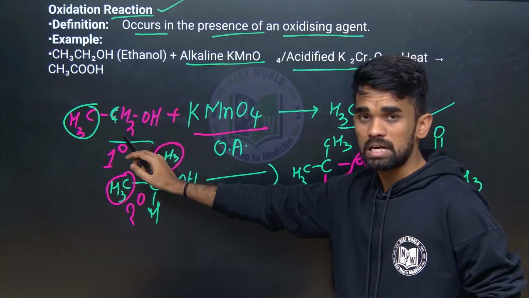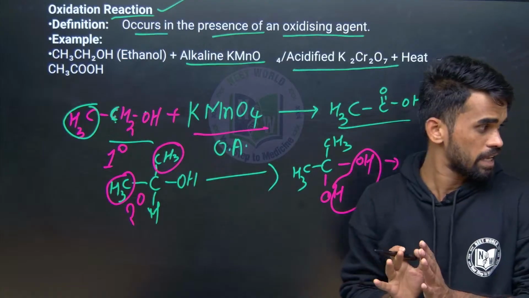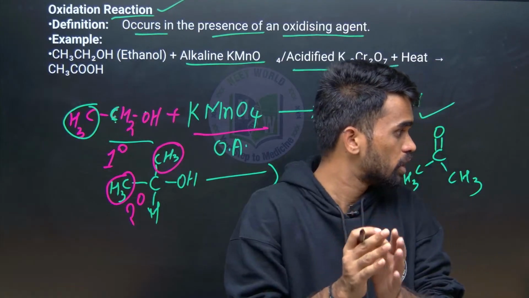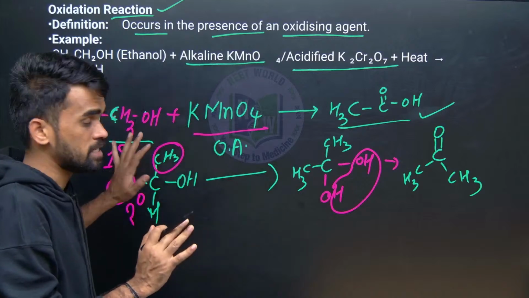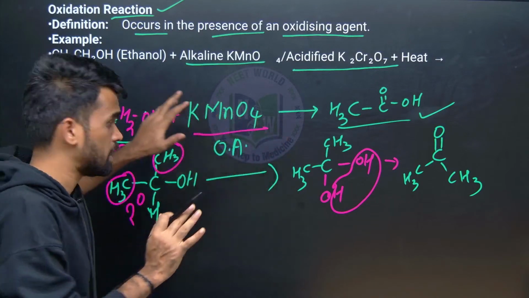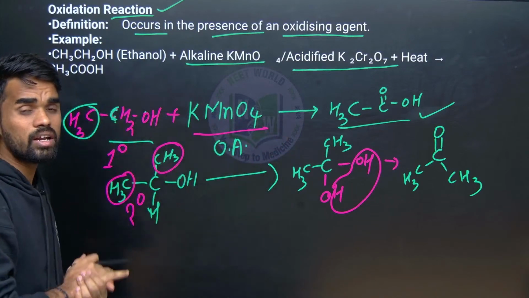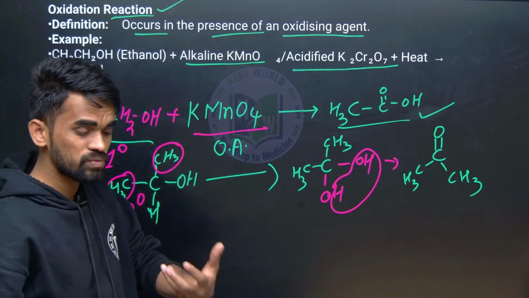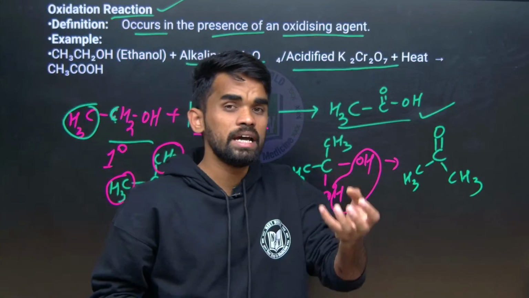When we have a secondary alcohol, that will be converted into ketones. When we have a primary alcohol, that will be converted into carboxylic acids. Okay, so this is what you need to understand about the use of oxidizing agents in organic chemical reactions. They are used for the process of oxidation to get a desired product.